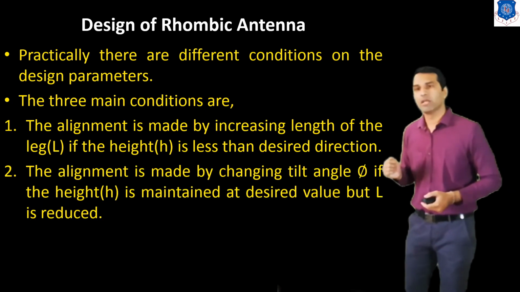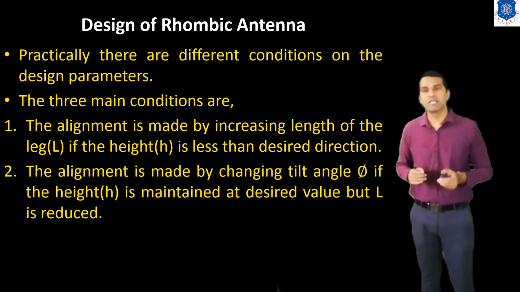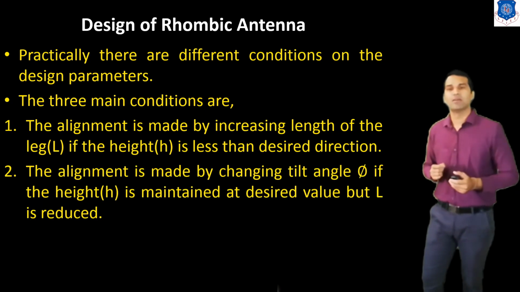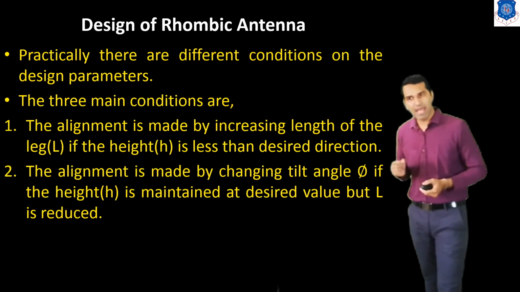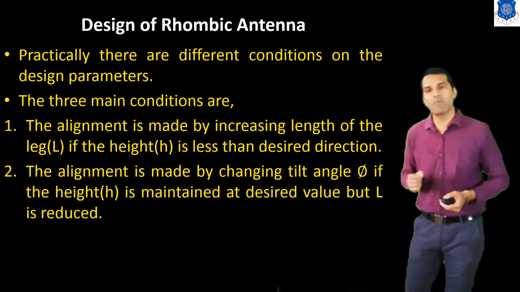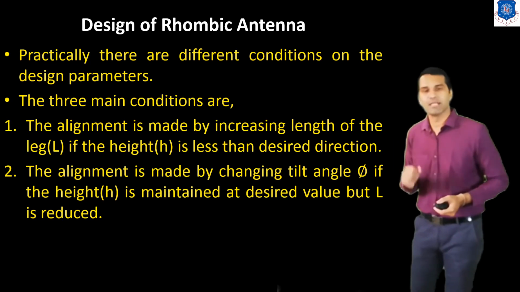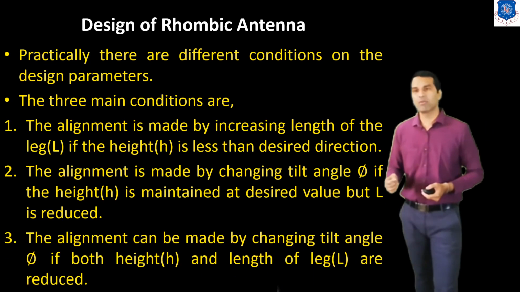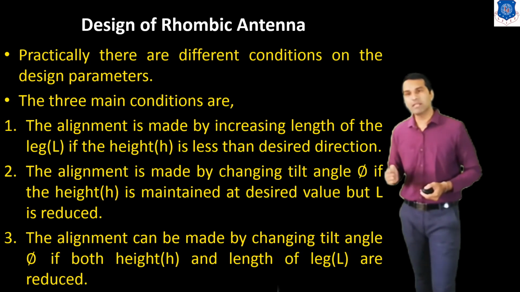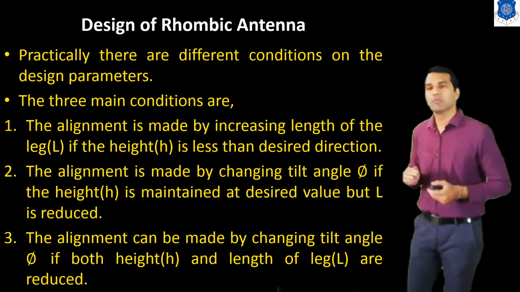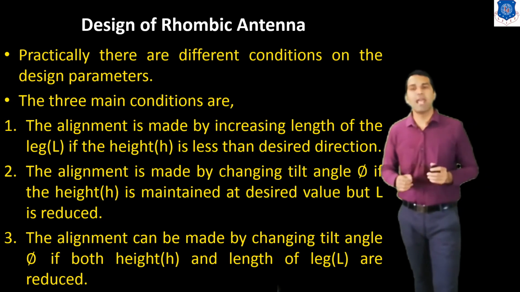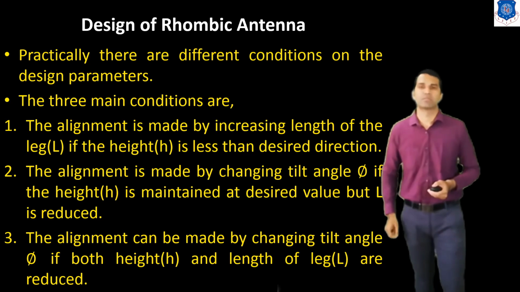Second is that the alignment is made by changing the tilt angle, or we can also say phi, if the height h is maintained at the desired value but the length is reduced. And third is that the alignment can be made by changing the tilt angle phi if both the height and length of the leg are reduced.